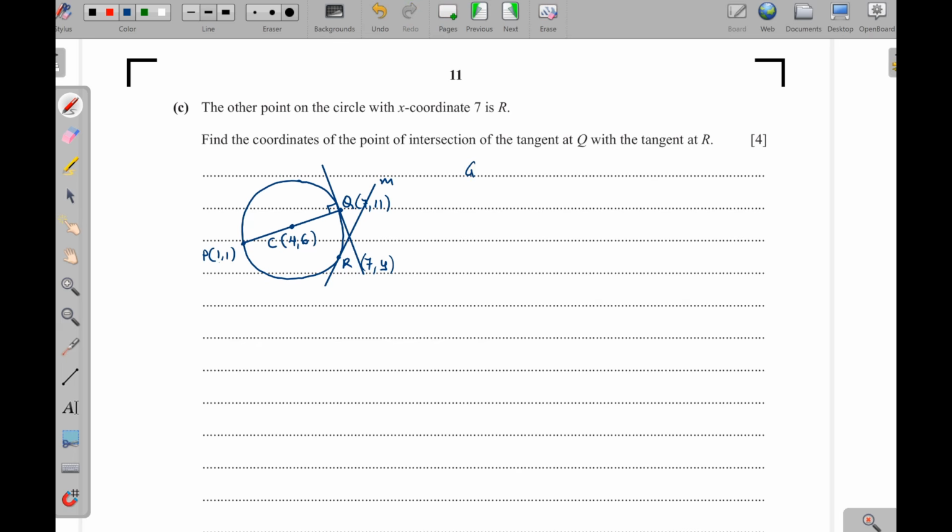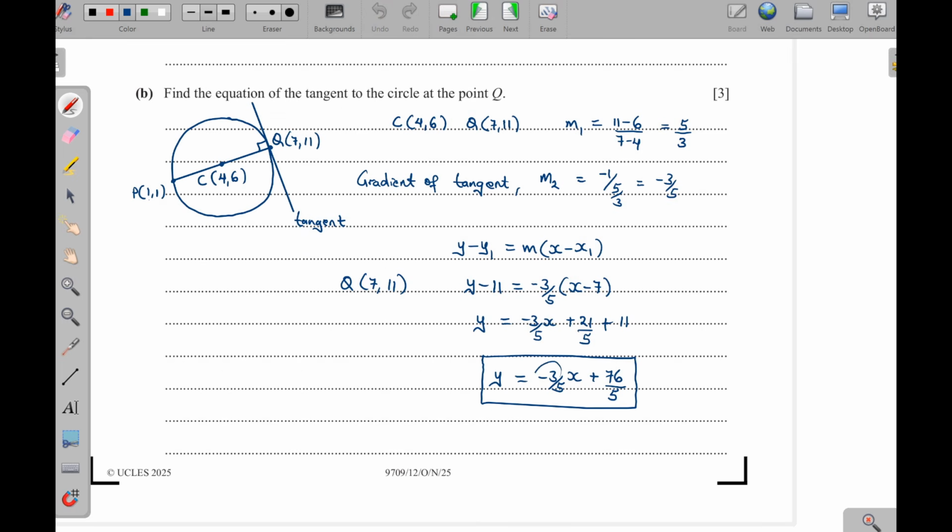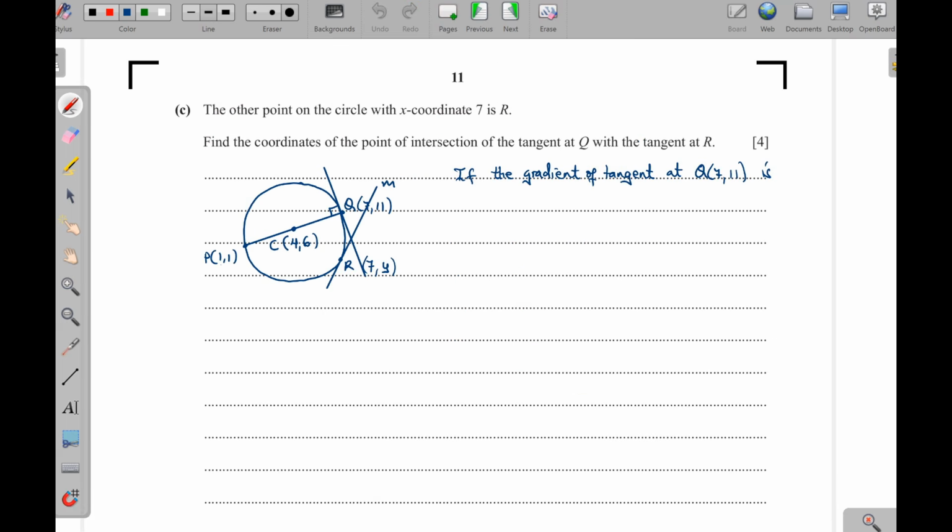Okay, so we shall say if the gradient of the tangent at Q is, what did we get? -3/5, okay, is negative 3 over 5.